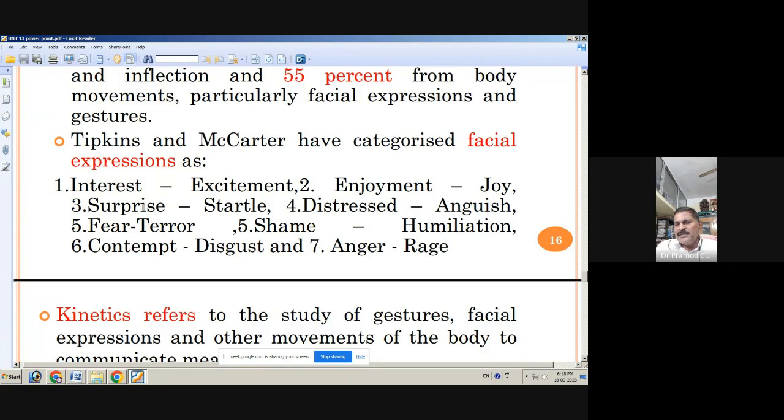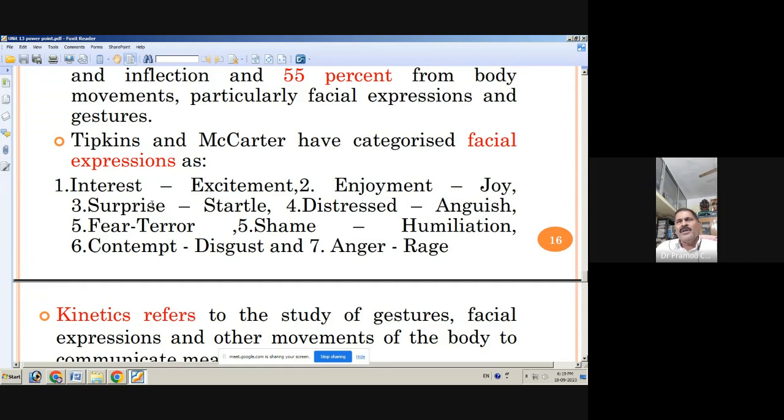If you have surprise, then you can give surprise to the others. If you are distressed, there will be some sort of anguish with you, that mental pain that can be known to others.